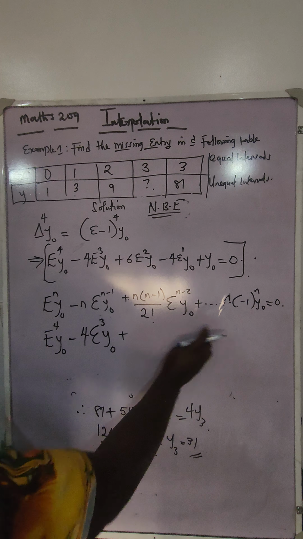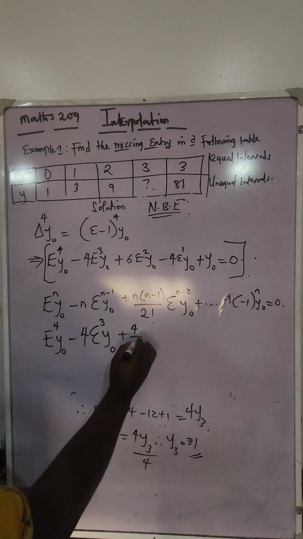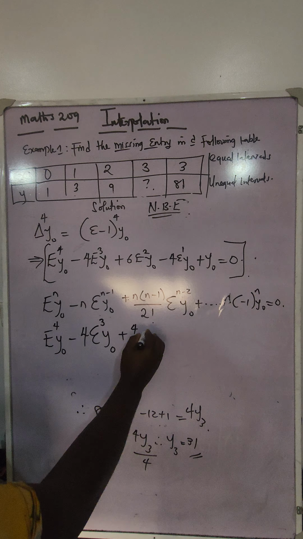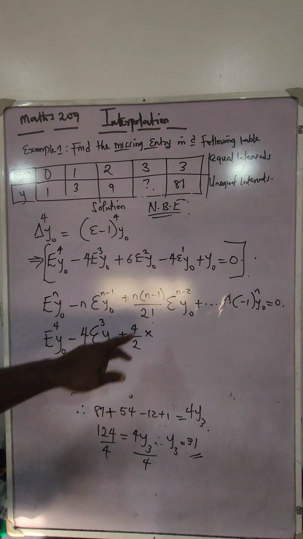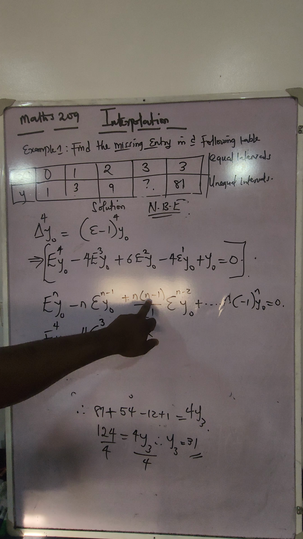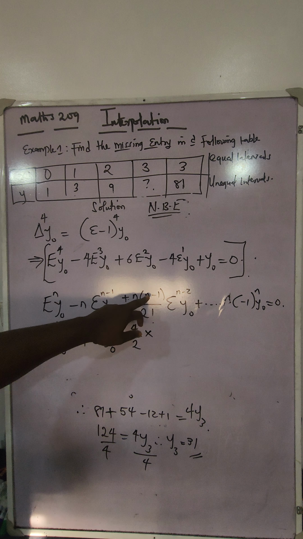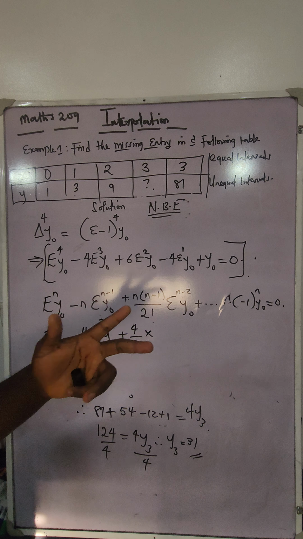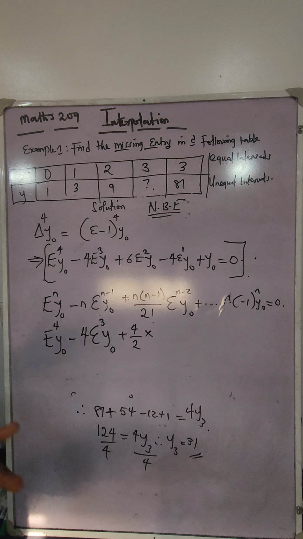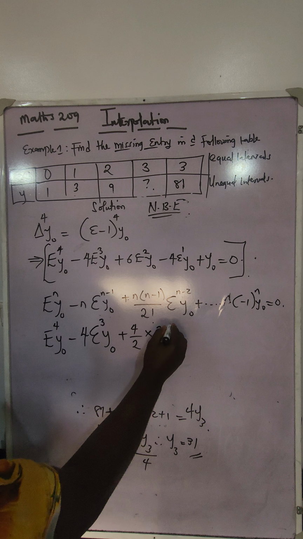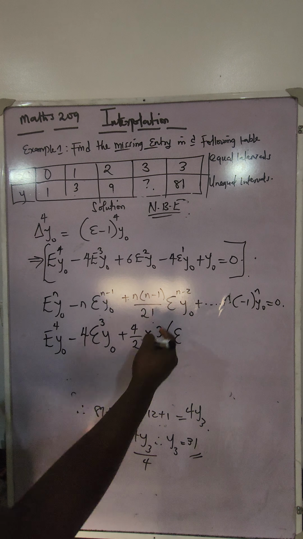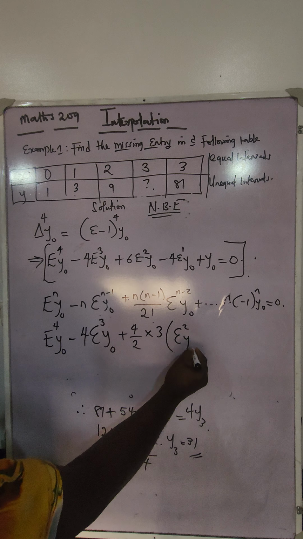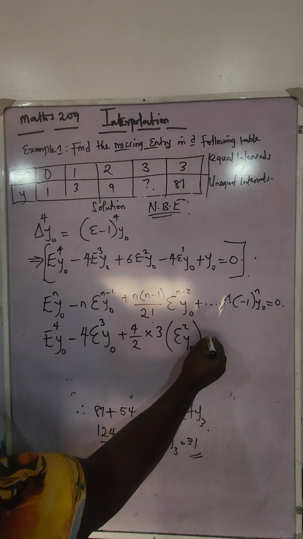It means that 4 should divide 2, and then be multiplied by 4 minus 1, because n is 4. 4 minus 1 is 3. So we have 3 here in the bracket, with E to the power of 4 minus 2, which is 2.